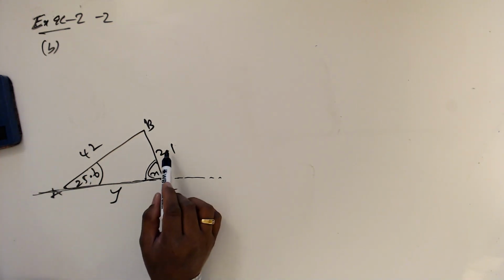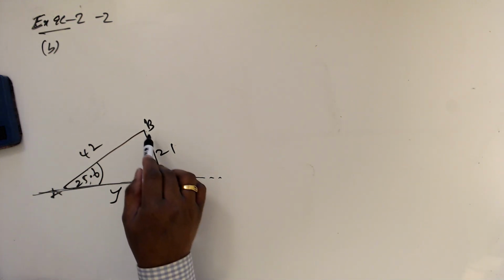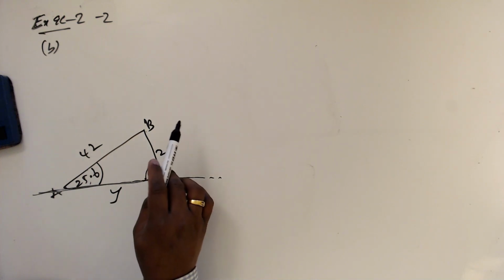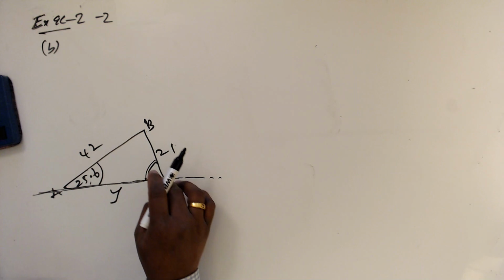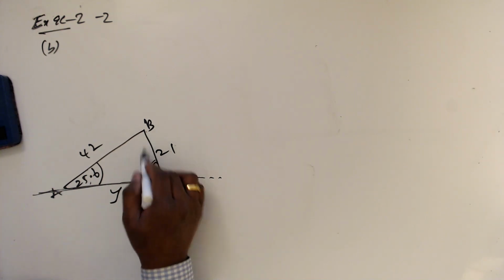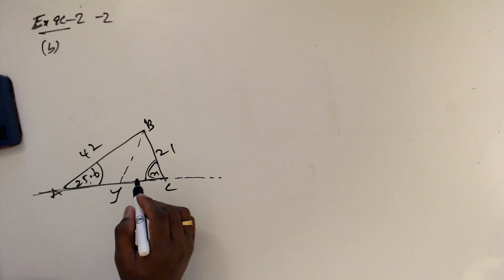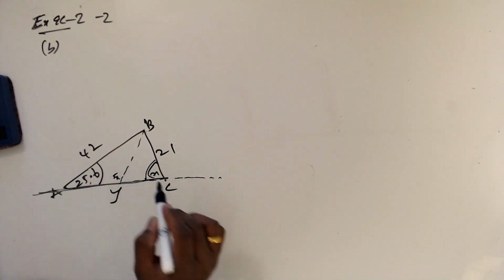Now I want BC to be 21. Then there are two options. When you draw BC to be 21, you will get two options. So one is I leave it as it is, the other one is here. So this is going to be x and this is going to be x bar.